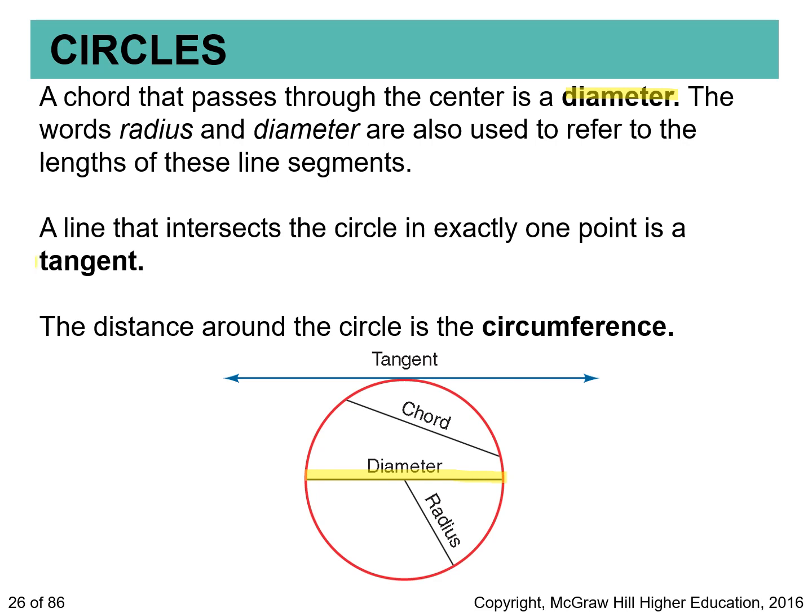A tangent intersects the circle in exactly one point, so it just barely touches the circle. And then you have circumference, which is the distance around the circle. Now I know I'm saying these fast, but you can just push pause or just compare the notes that I gave you, write down the definitions.